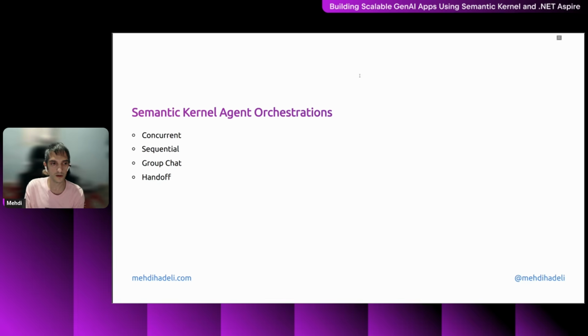Also, we have another type of orchestration, which is group chat. In group chat, we have different agents, but we also have a manager. The default manager in Semantic Kernel is round robin. It's like the sequential one, but we have a loop.